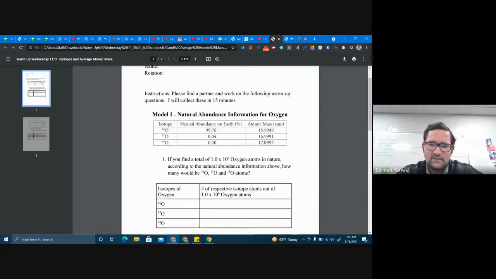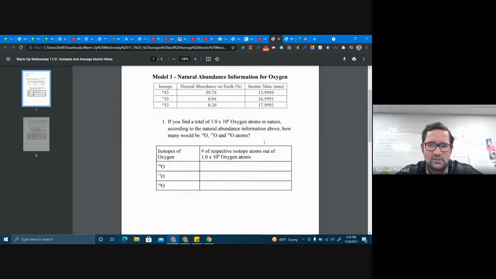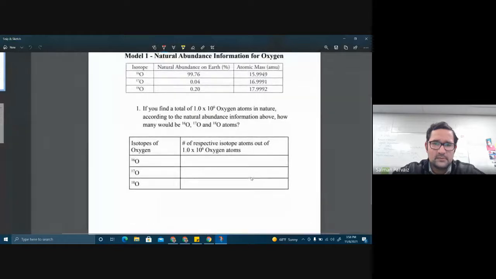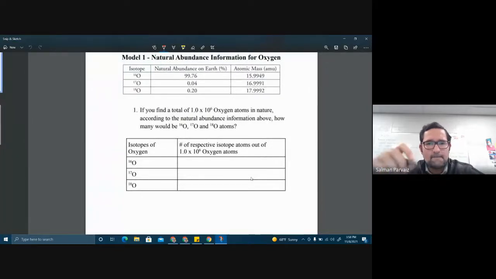I said, if you find 1.0 times 10 to the 6 oxygen atoms in nature, which means 1 million oxygen atoms, out of the 1 million that you found, based on the natural abundance information for oxygen, how many would be oxygen 16 isotopes, how many would be oxygen 17, and how many would be oxygen 18?